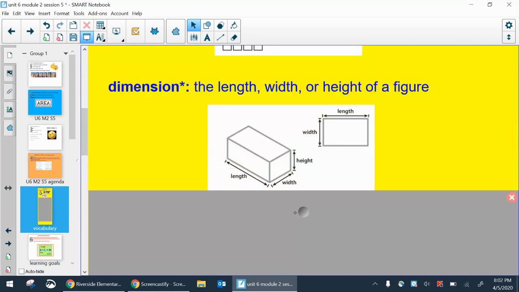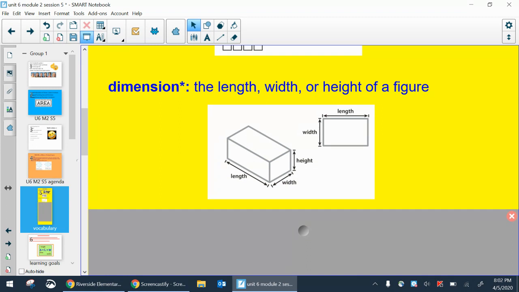Another one of our important vocabulary words, dimension. Length, width, or height of a figure. For our fourth grade purposes, we deal with flat, two-dimensional shapes that would have the dimensions of width and length. Looking ahead to fifth grade, you're going to move more into three-dimensional figures and work with those, and then you would have that additional dimension of a height.